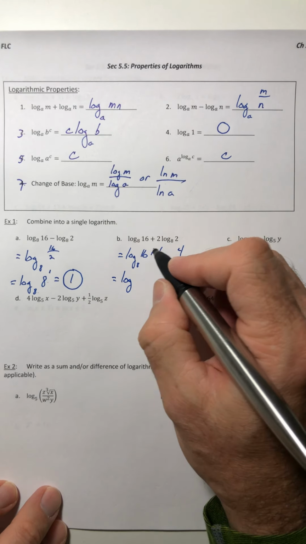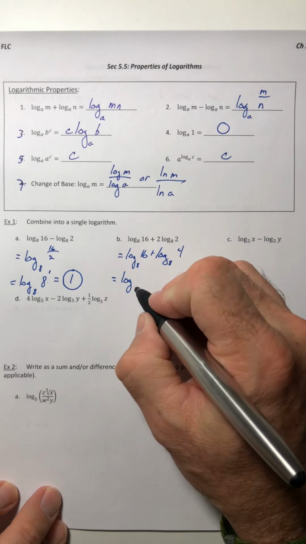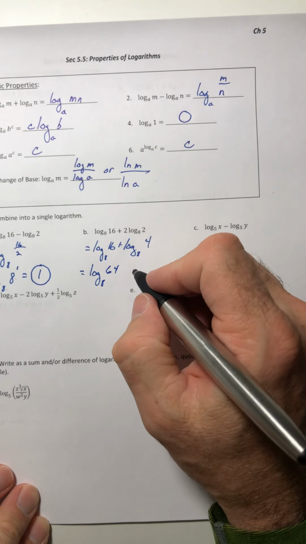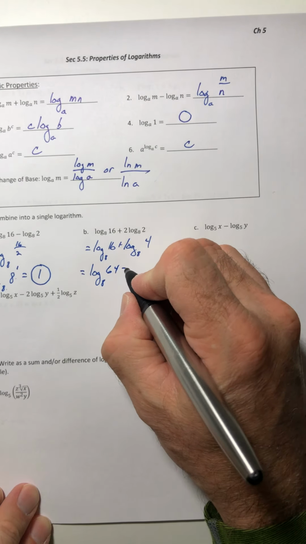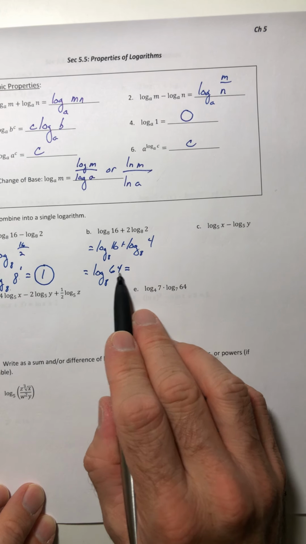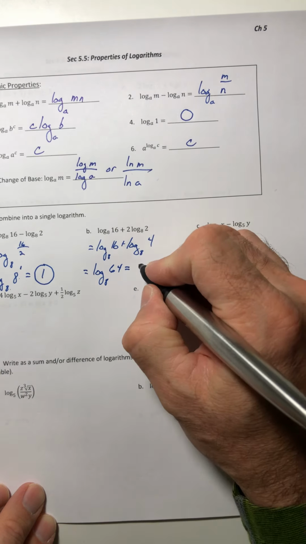And now you can multiply them together. So 16 times 4 is 64, but this is going to simplify down, either using property number 5 or doing what we did in the previous section. What exponent can you put on the 8 to make it a 64? A 2.